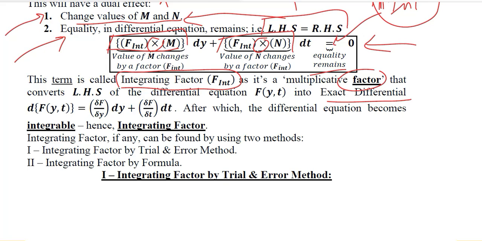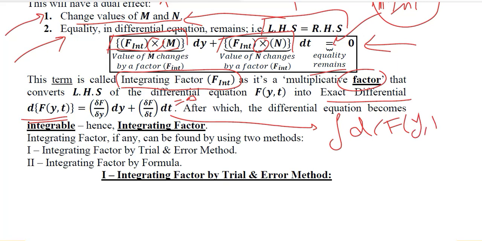And once the total differential of this function is equal to 0, it means that if its differentiation is possible, its integration will also be possible. And if we take the integral of its differential, then it will be equal to 0.